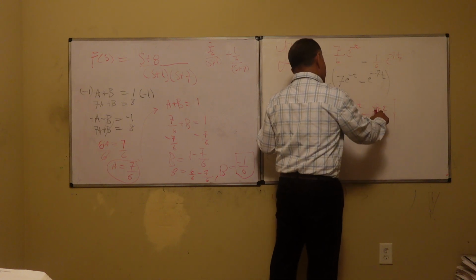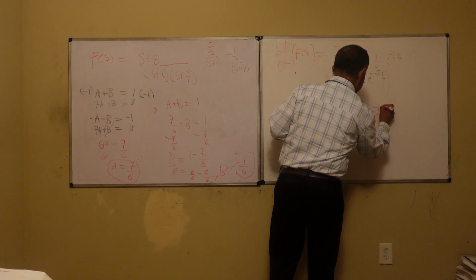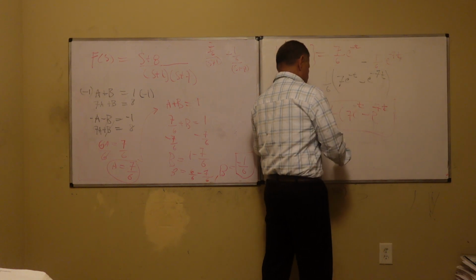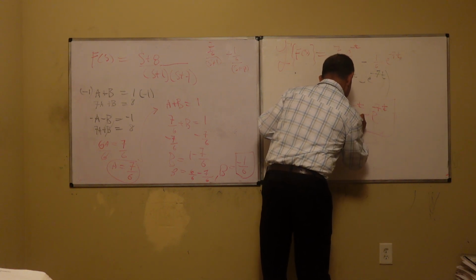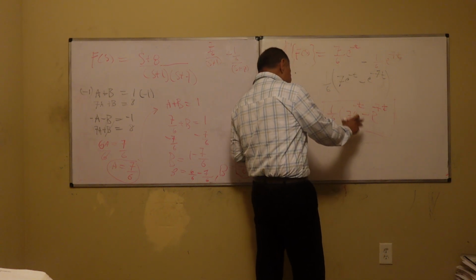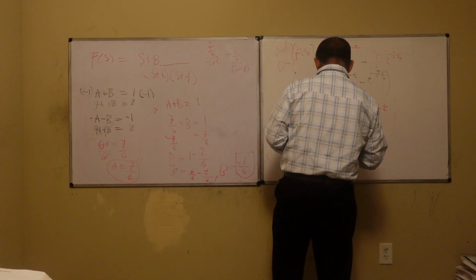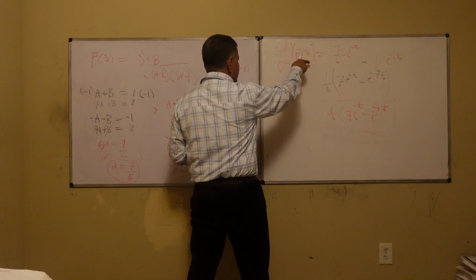This is a T, and this is also a T, and this is also an E. So this is actually the Laplace in time domain. So I found the inverse of Laplace.